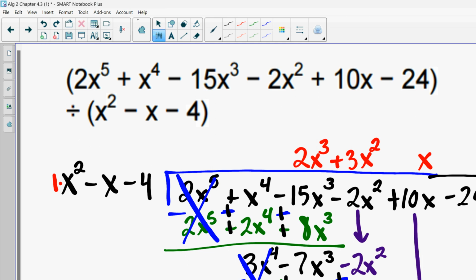And we repeat this process again. We need to see what times x squared would give us negative 4x cubed. We'll need a negative 4 to turn it from 1 to negative 4. And we need an x to turn it from x squared to x cubed. So we're going to repeat the process, this time with negative 4x.